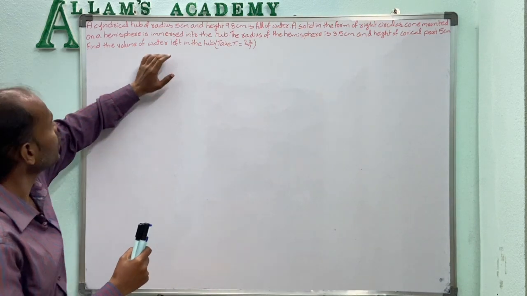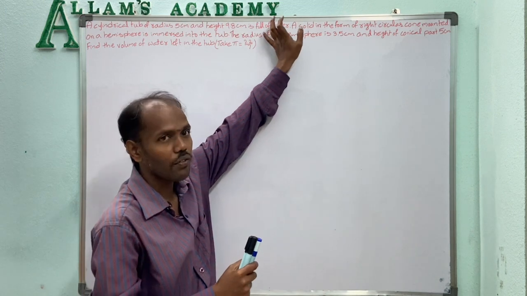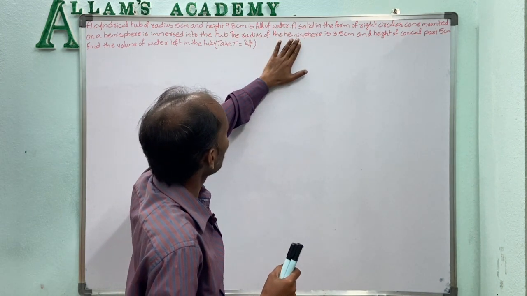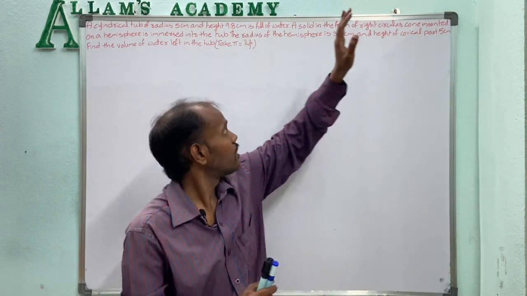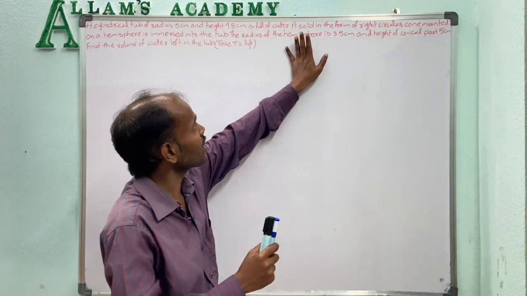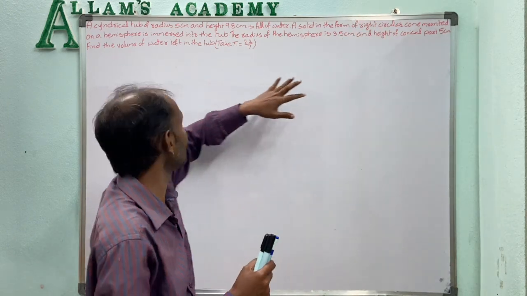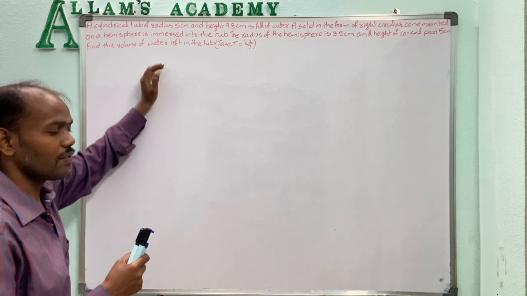We have to find the volume of this cylindrical tub full of water, and find the volume of hemisphere and volume of cone. From the volume of the cylindrical tub, we subtract the sum of the volumes of the hemisphere and cone, then we get the water left in the tub. That we will find.